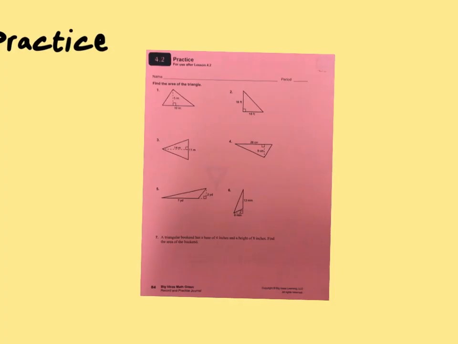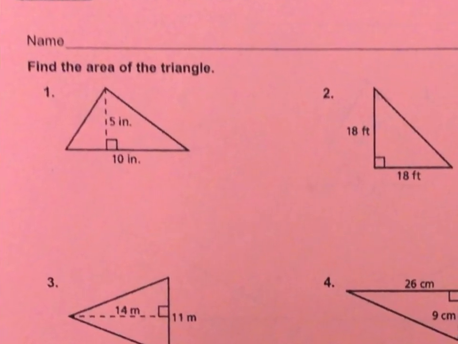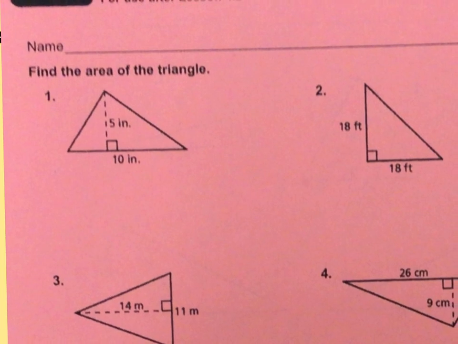All right, so here we are. We're going to look at the practice, and we're going to go over how to do this a few times. So let's take a look at number 1. Number 1, we have a triangle. So just like on the notes, we are going to practice using this formula.